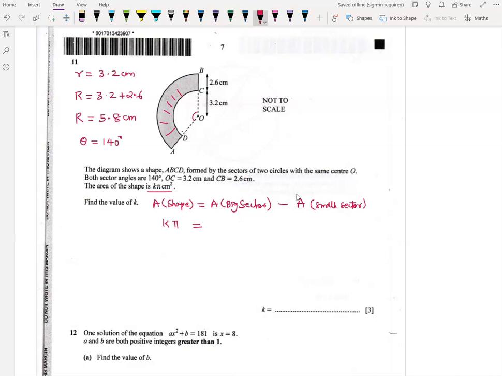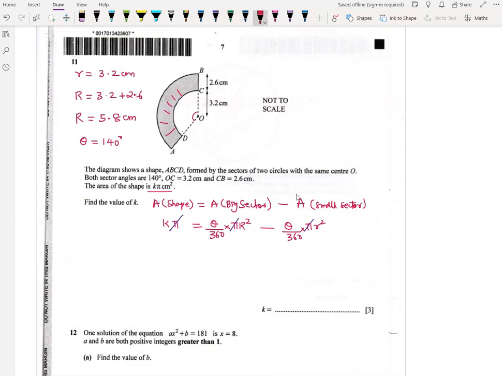The formula for area of sector is theta by 360 times pi r square. Now, I'll write capital R for the big sector minus again theta by 360 times pi small r square. Now, what we can do here is, in the same step, we can divide throughout by pi, so all the pi's will get cancelled.